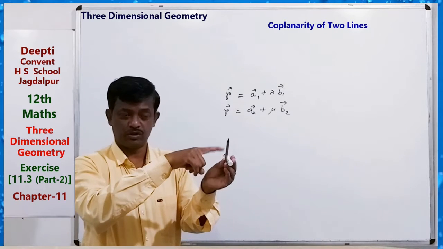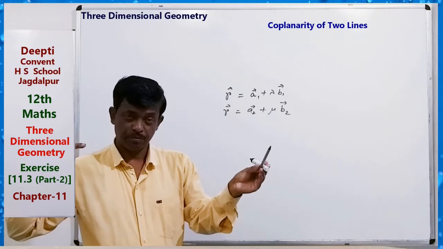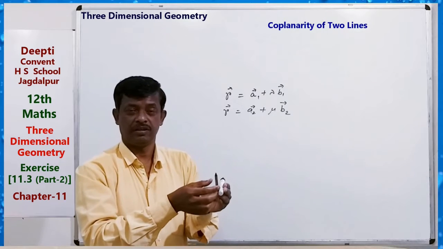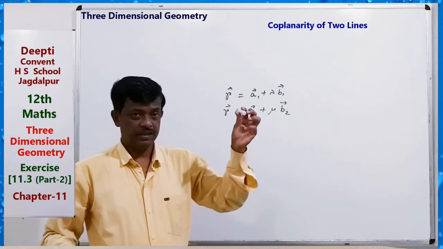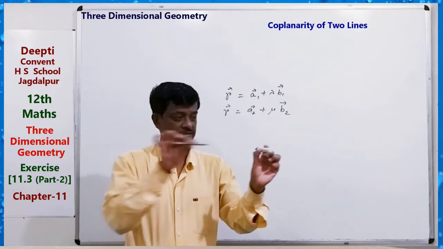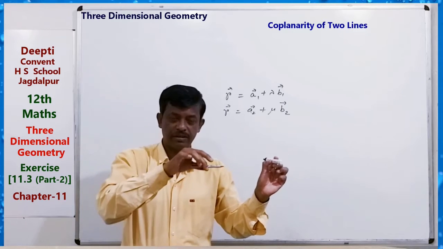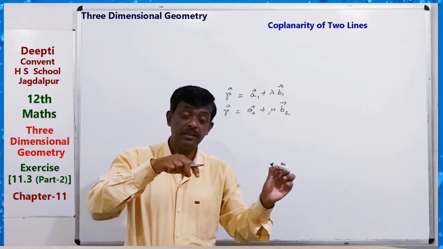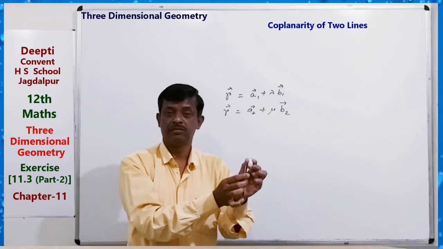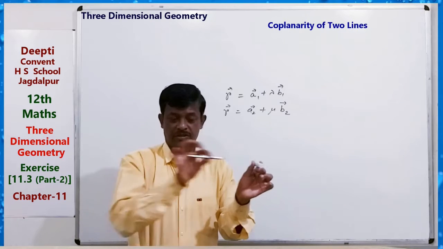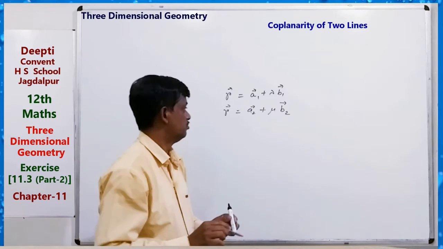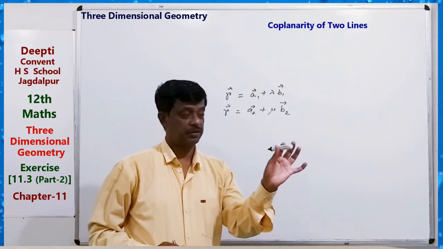Now, the cross product of these two vectors is a vector perpendicular to both vectors. Clear? And if we join a point on each line, we get another vector. That vector is perpendicular to b1 cross b2.